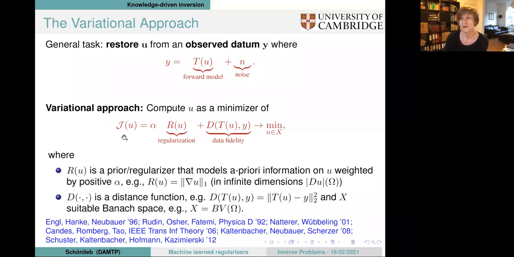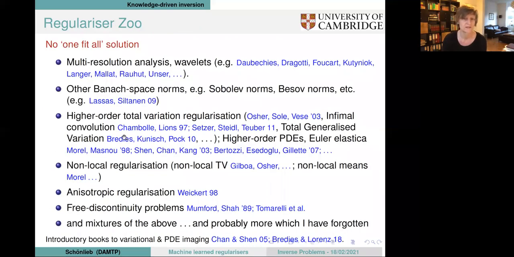But depending on the situation you are in, depending on the type of solutions you want to reconstruct, maybe also depending on the computational budget that you have, because of course, the more complex you make your regularizer, the more computationally demanding the model that you get will be, you need to make a bespoke choice, and that might not be the most optimal one in terms of accuracy, or maybe not the most optimal one in terms of computational efficiency.